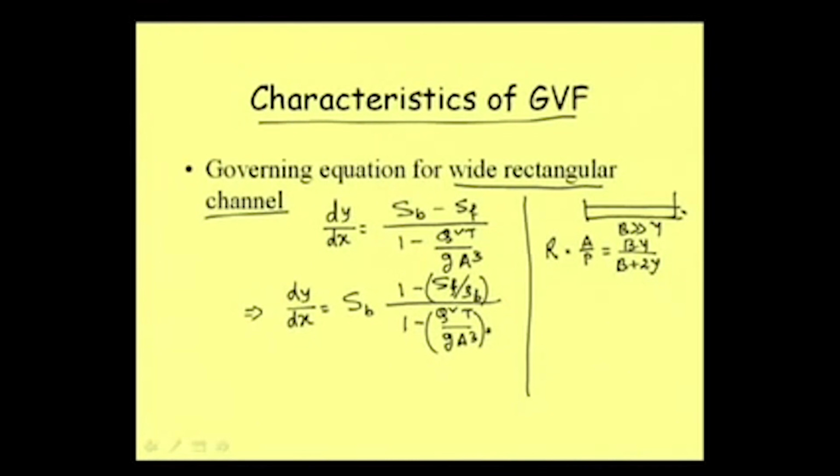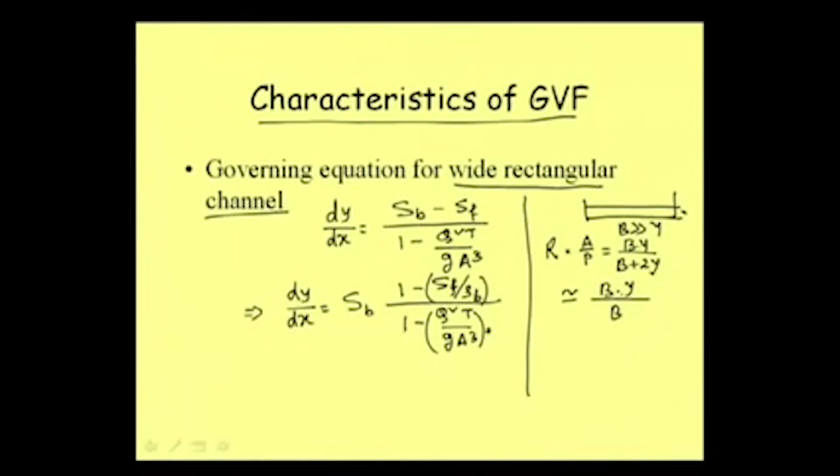Now, if B is much larger than y, then in this expression we can neglect this twice y, and this can be written as equivalent to B into y divided by B. Of course, this product we cannot neglect.